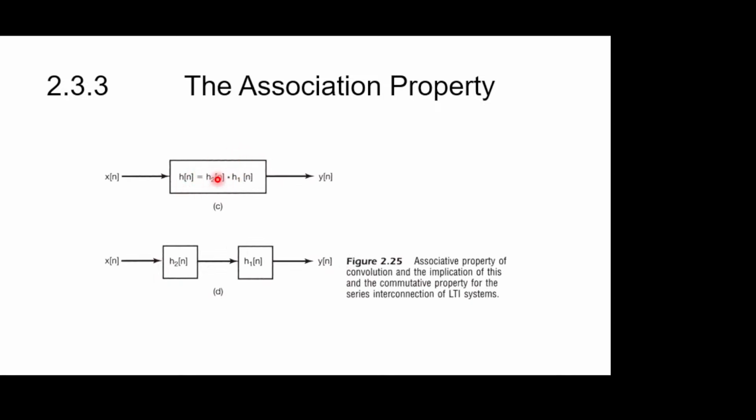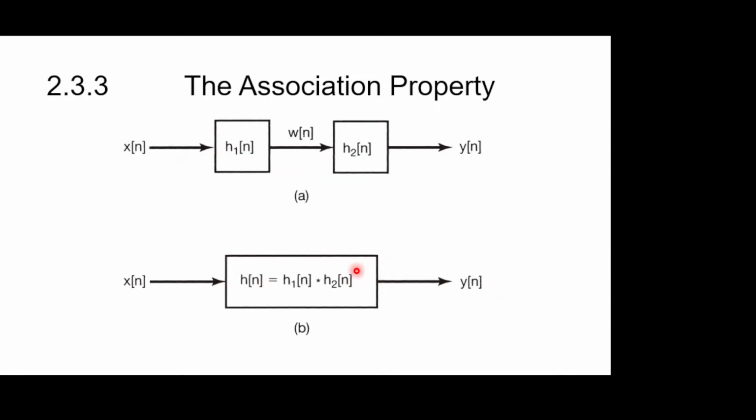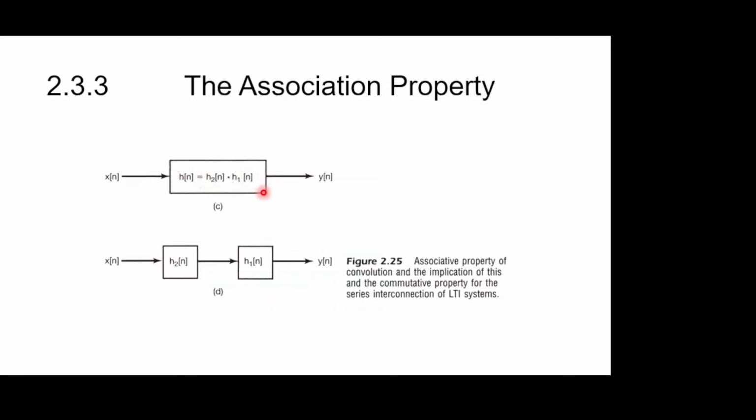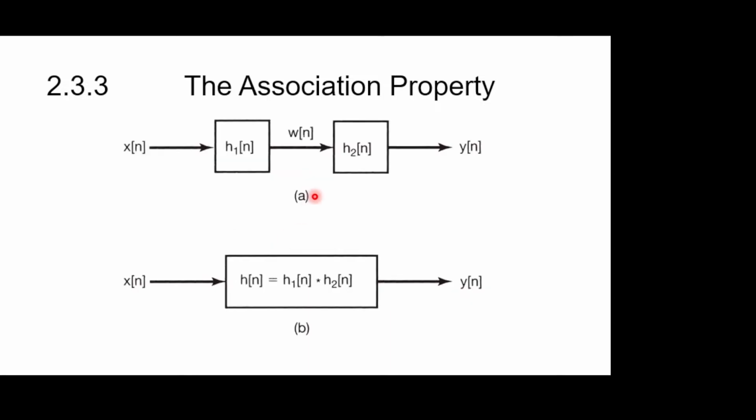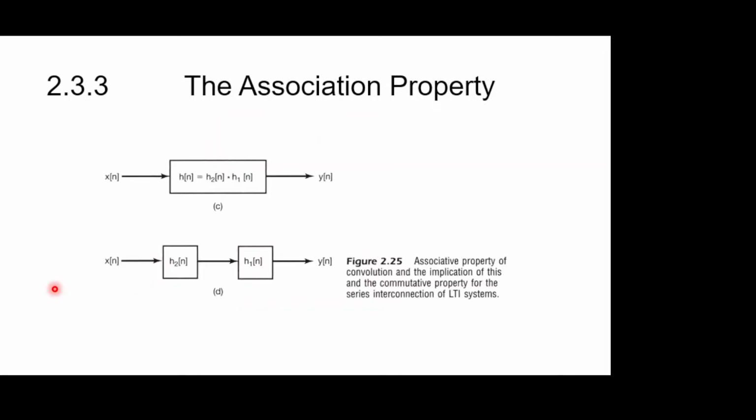Because we also have the commutative property, H1 convolved with H2 is the same as H2 convolved with H1. So it is the same whether you apply H2 first or H1 first. They commute, because their unit impulse functions commute under convolution.